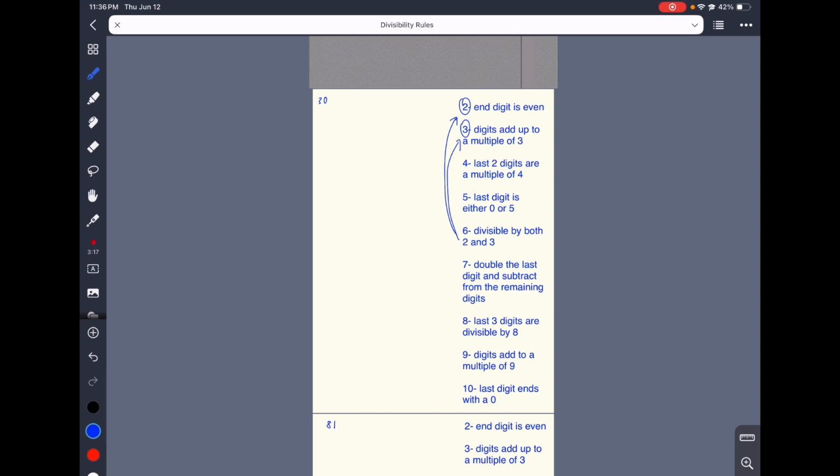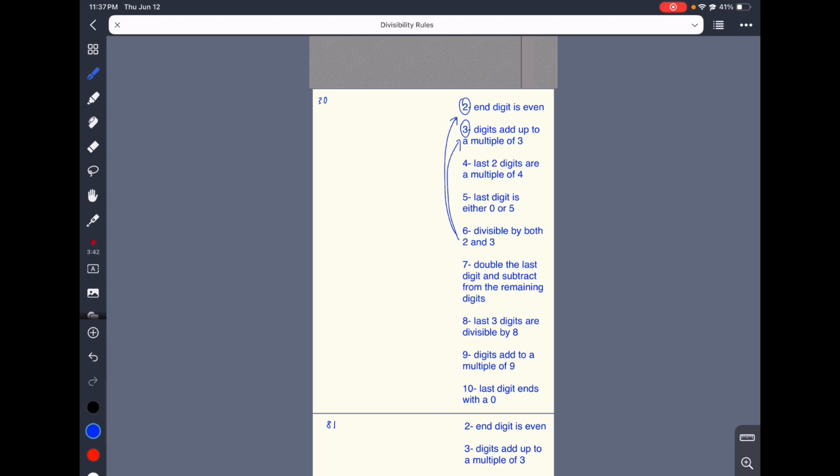If the last three digits of this number are divisible by 8, this means that this number is divisible by 8. If the digits of these numbers add up to a multiple of 9, this means that this number is divisible by 9. If the last digit ends with a 0, then you know that this number will be divisible by 10. So let's do a couple of practice problems.